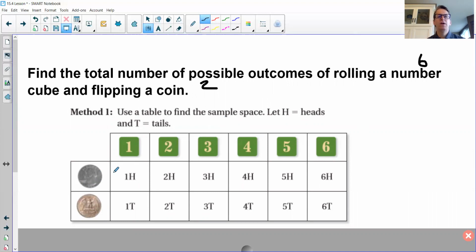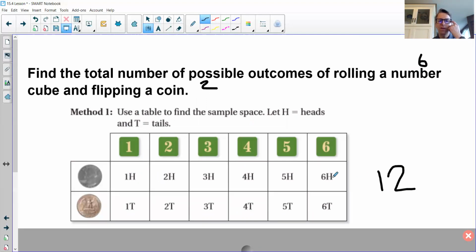So you have the number 1 rolled with the heads, 2 with the heads, 3 with the heads, 4 with the heads, 5 with the heads, 6 with the heads, and same with the tails, 1 through 6. As you can see, you have your 6 outcomes for the number cube, 2 for the flipping coin, and you've got a total of 12 possible outcomes using a table.